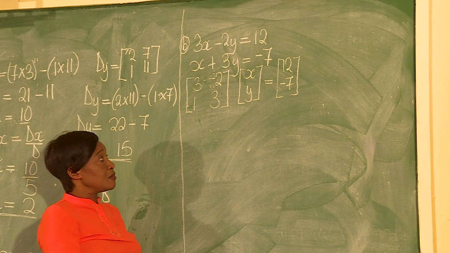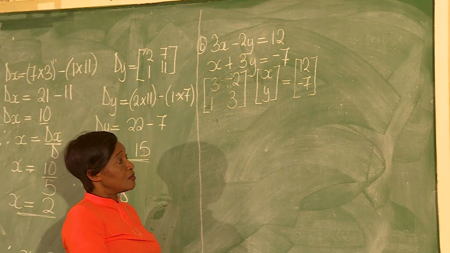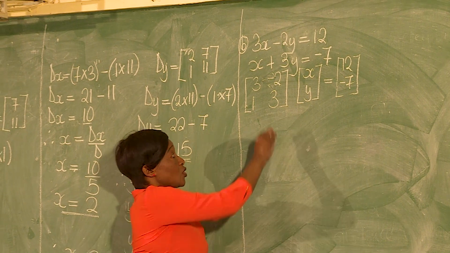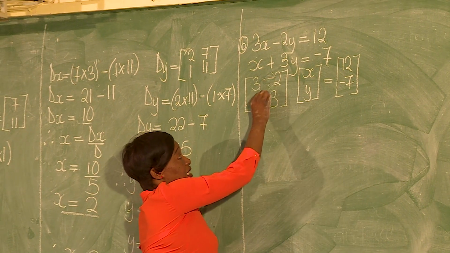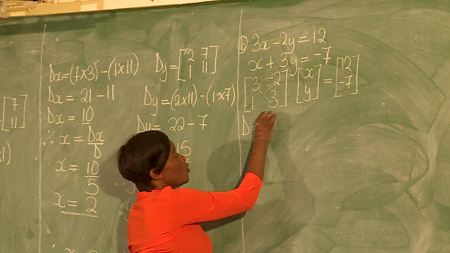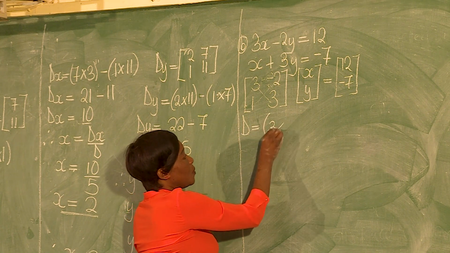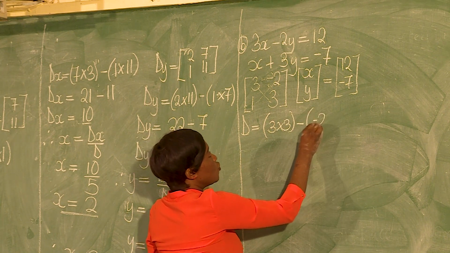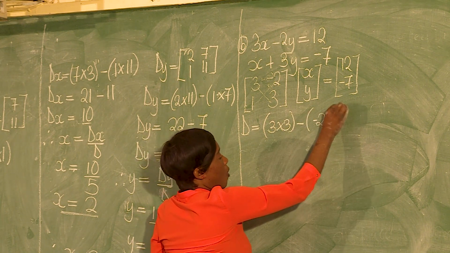You multiply the major diagonal by the minor diagonal. Very good. Do we all understand? So this is the major and this is the minor. So the main determinant is equal to 3 multiplied by 3. We subtract negative 2 multiplied by 1.